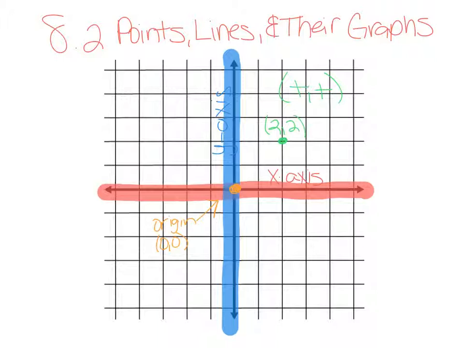Let's plot (-3, 1). This time, that first number is negative, so that tells me starting at 0, I need to move to the left this time, and I'm going to go left 3, but I'm still going to go up because it's a positive 1. So (-3, 1) would be about right there. And we're going to do the same thing.